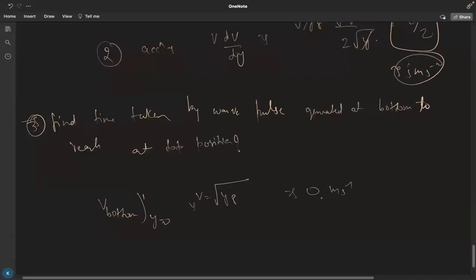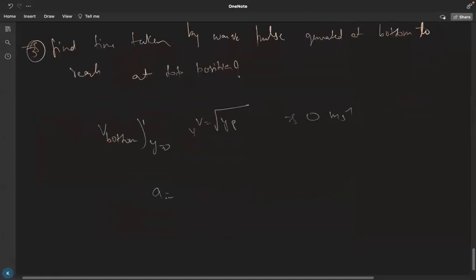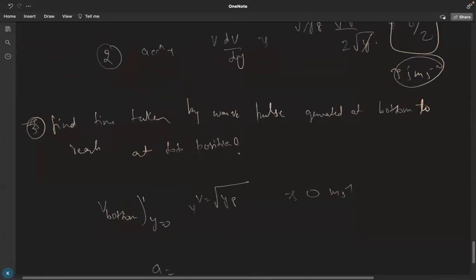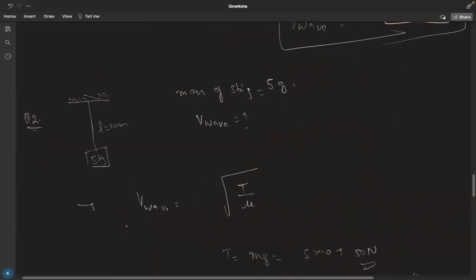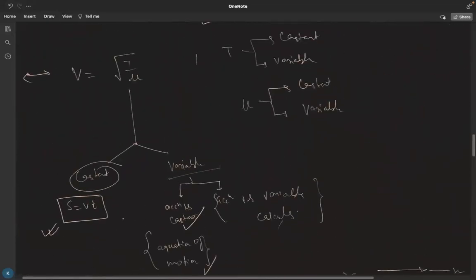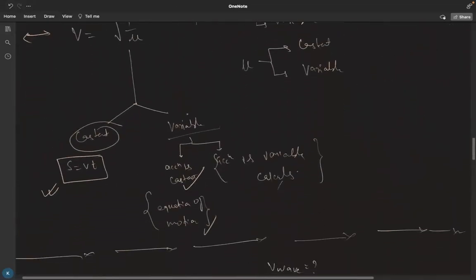That means at the bottom we have a velocity of 0 meter per second, and we have an acceleration which is g by 2. And we all know that when we have a variable velocity but a constant acceleration, and here the constant acceleration is equal to g by 2.